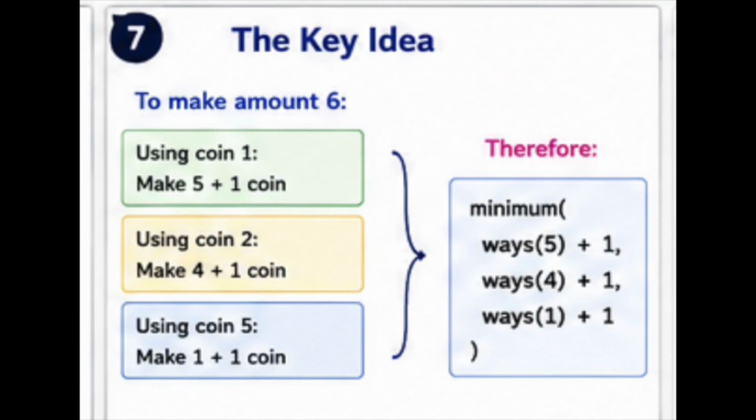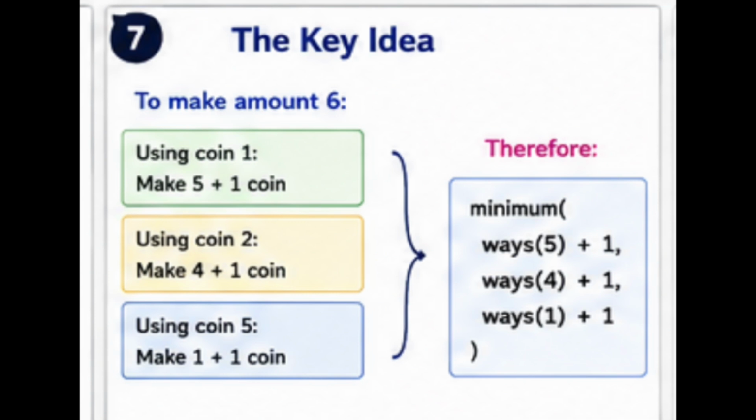Let's slow this down because this is the heart of the problem. Suppose the last coin is 1, then we first need to make 5. After making 5, we add 1 coin. So the number of coins becomes the minimum coins needed for 5 plus 1. Similarly, if the last coin is 2, we first make 4 and then add 1 coin of value 2.